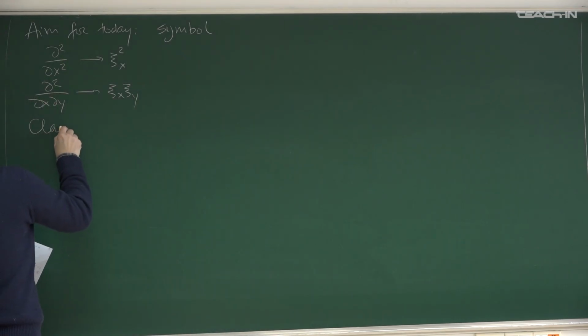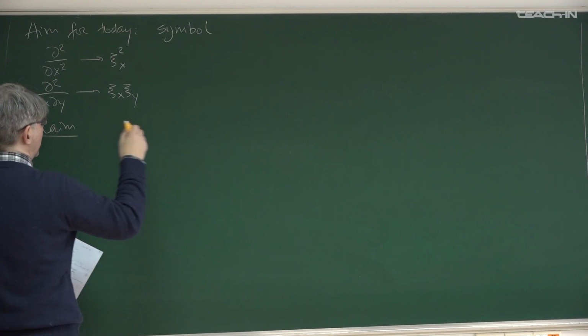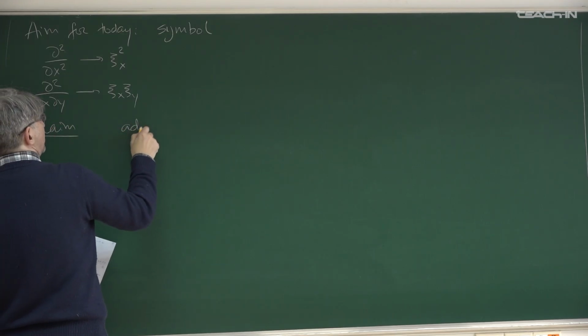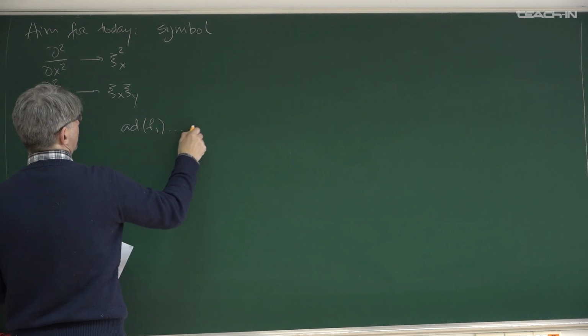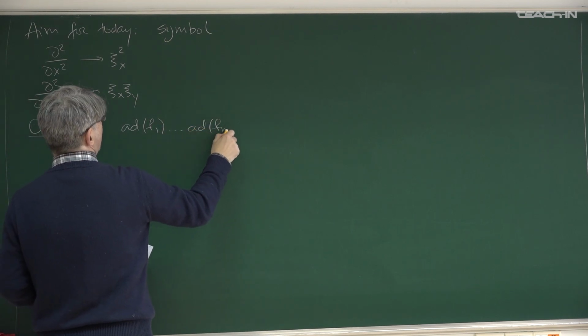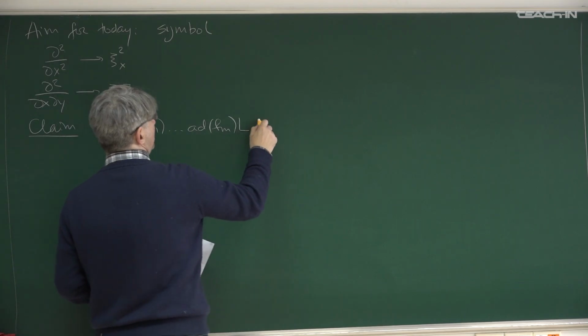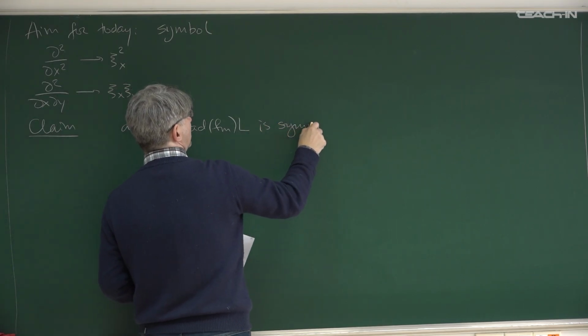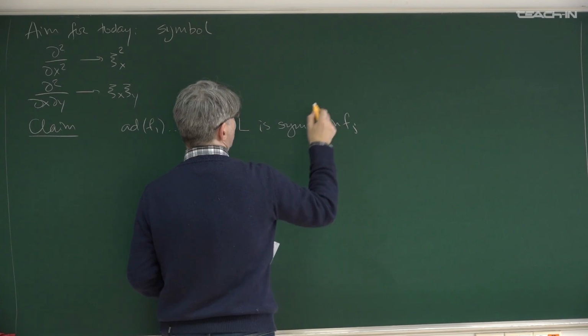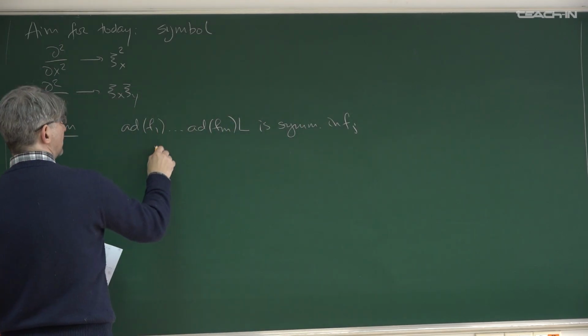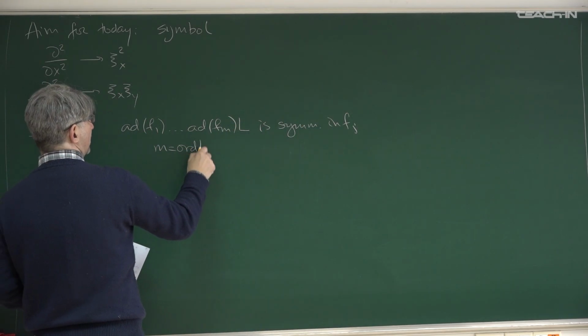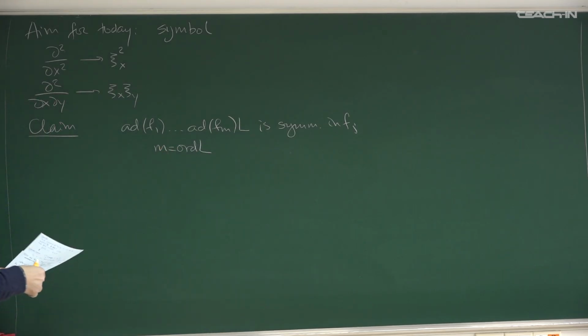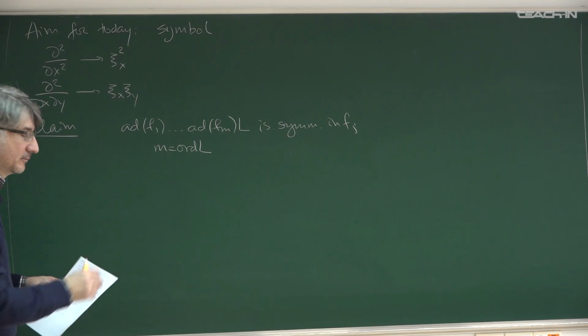Please remind me if I proved the following claim: it is symmetric in F, provided M is equal to the order of L. So it was done. Very good. Well, we skip this page and pass to the next one. So we proved the Hadamard lemma. Great.